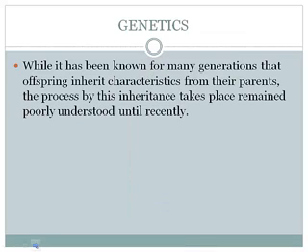Now let's talk about genetics. While it has been known for many generations that offspring inherit characters from their parents, the process by which this inheritance takes place remained poorly understood until recently.